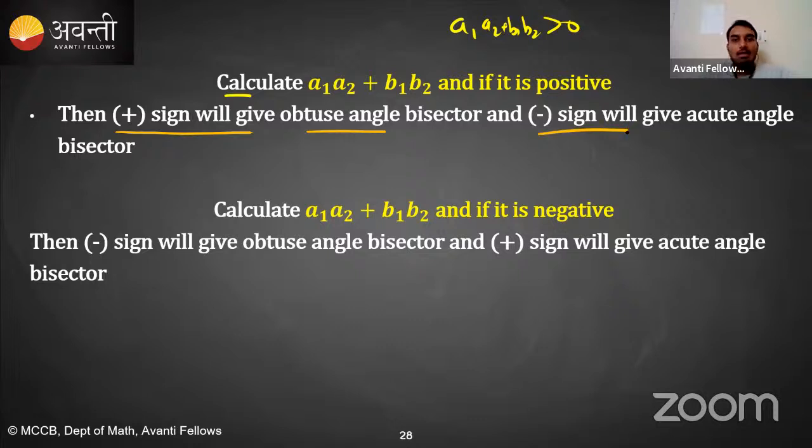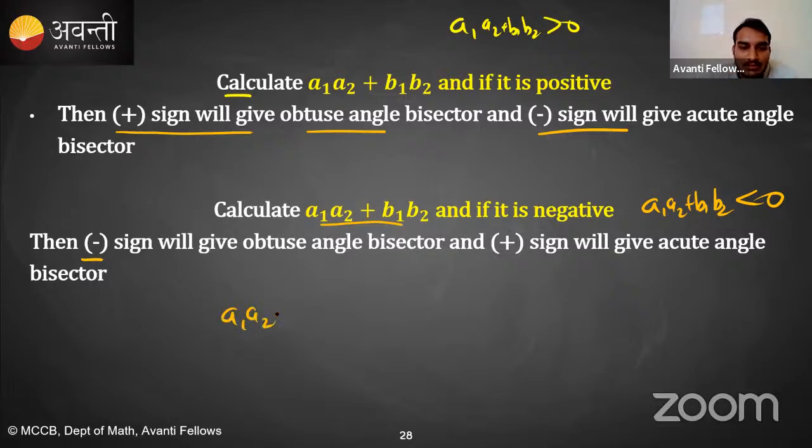Clear? And if a1 a2 plus b1 b2 is negative, means a1 a2 plus b1 b2 is less than 0, then taking the negative sign will give you the obtuse angle bisector, and obviously then the positive sign will give you the acute angle bisector. क्लियर? तो आप तो क्या करो, a1 a2 plus b1 b2 का साइन निकाल लो. Okay, just find the sign of a1 a2 plus b1 b2.